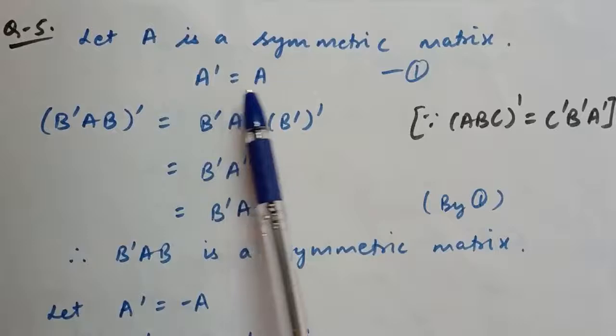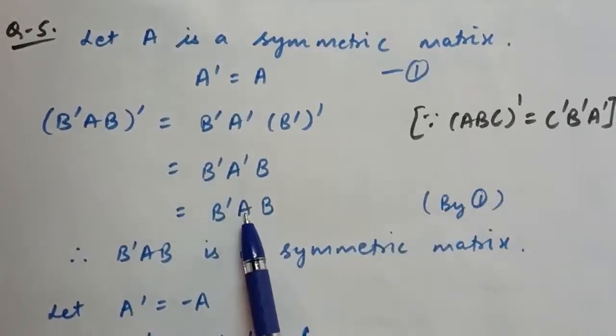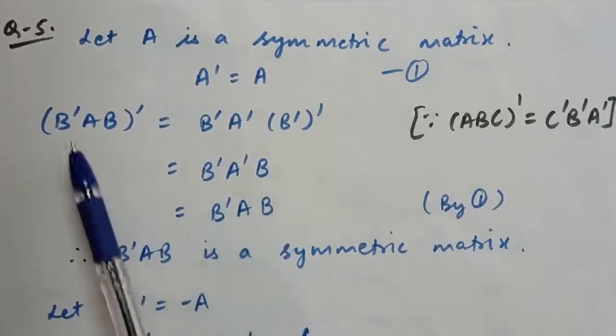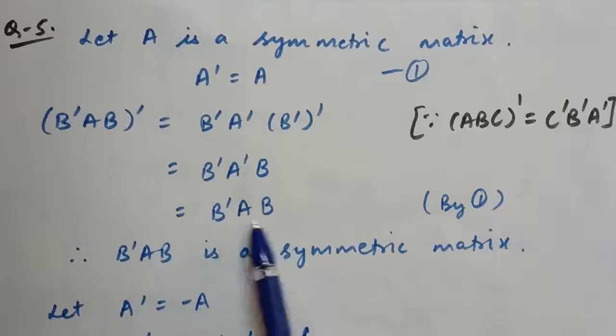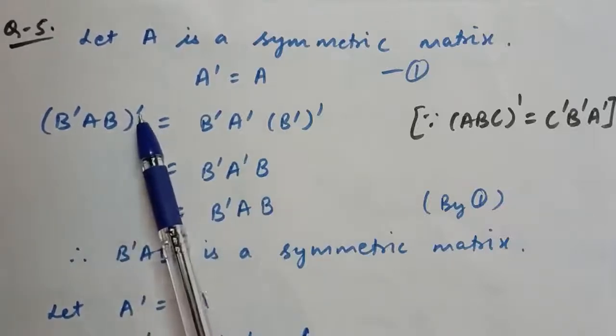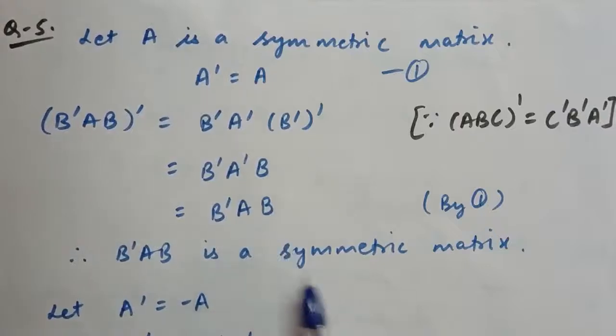Now A transpose is equal to A. So by using 1, in place of A transpose, write down A. B as it is. Now we can see B transpose AB whole transpose is equal to B transpose AB. Therefore, this is a symmetric matrix.